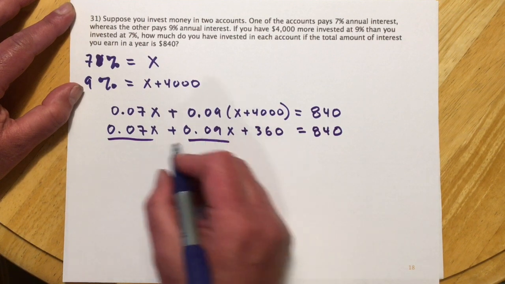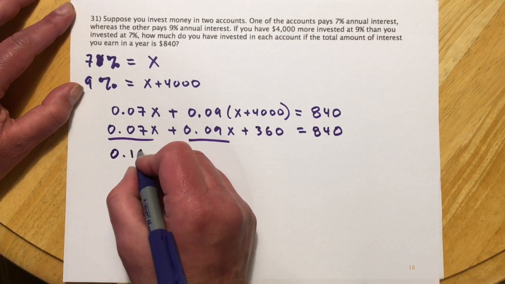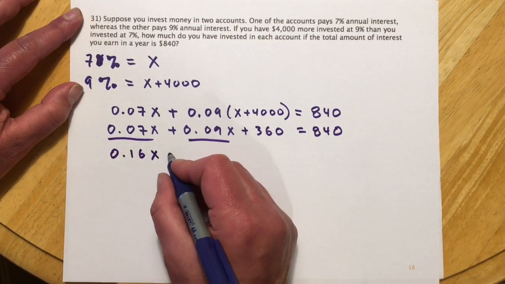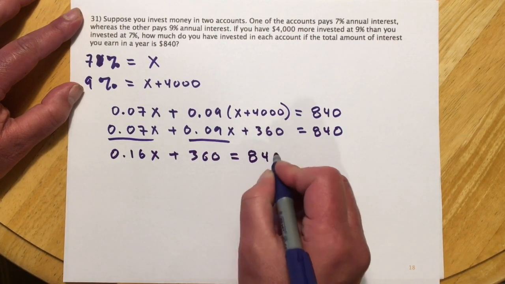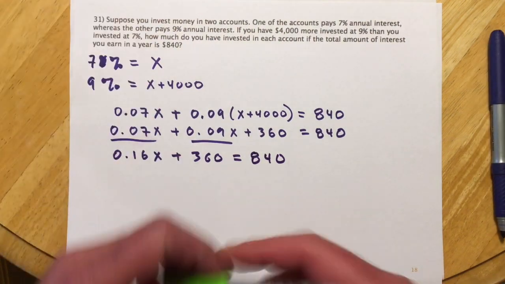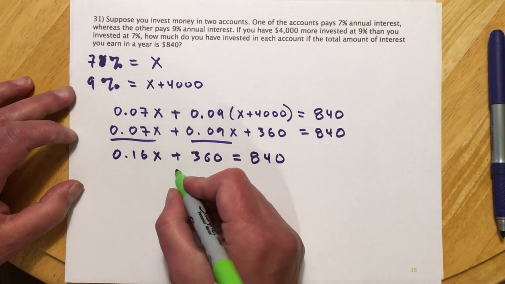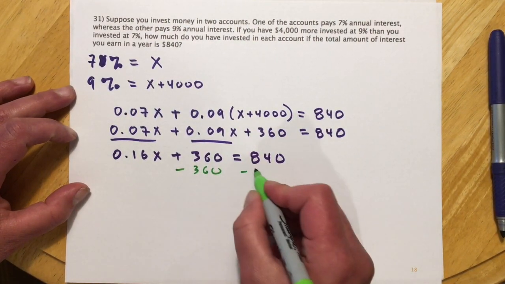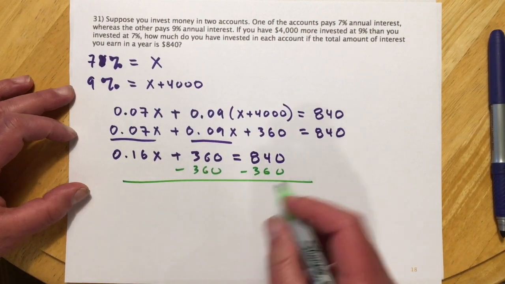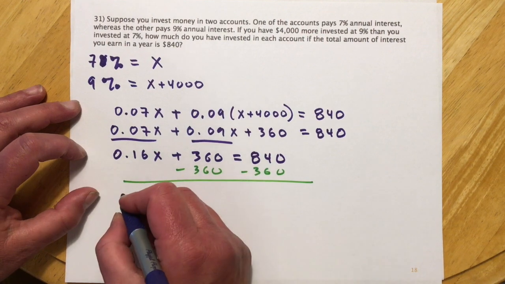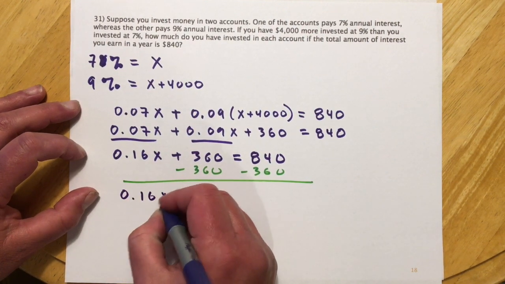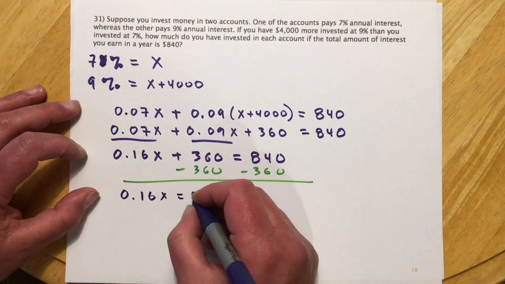So 7 cents and 9 cents, I just think of that as 16 cents, plus 360 equals 840. I can take this 360 over. So I have 0.16x equals, that's 480.